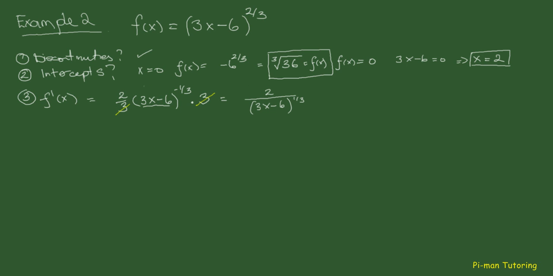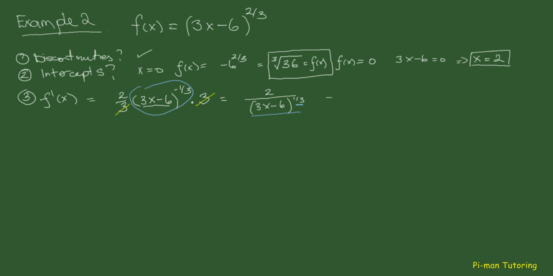So notice that I've moved this term into the denominator of the fraction. The reason for doing that is it's easier to spot when the function is undefined if you put it as the denominator. So as we move it to the bottom of the fraction, we change the exponent from minus 1/3 to positive 1/3.